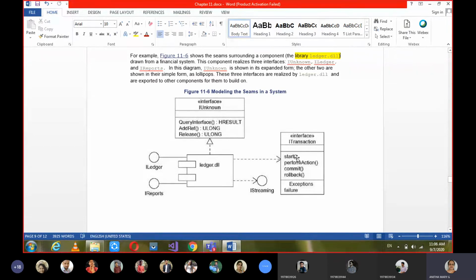So that one may have start, perform action, commit, and roll back. Commit means processing. Say if any student takes one book, and that is entered and done, that is commit. Roll back is when you return the book, or if any transaction was done wrong, the transaction can be rolled back. It is just the concept like in DBMS, this rollback.